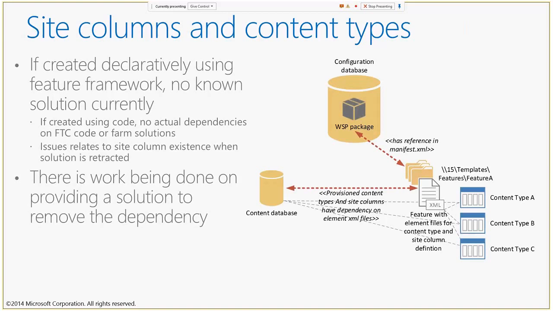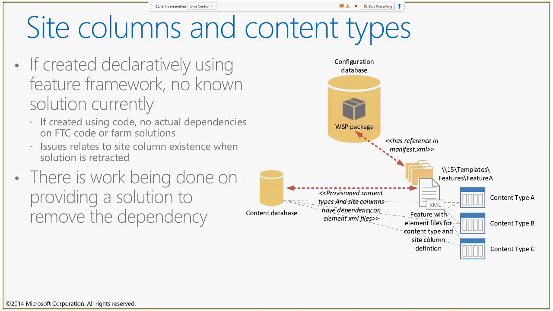Well, what we mean with that, regardless of what I've been teaching my colleagues for years and years, is that you are in an extremely much better position if you have created your content types and site columns using code rather than XML from an element XML file. And this relates to this application.